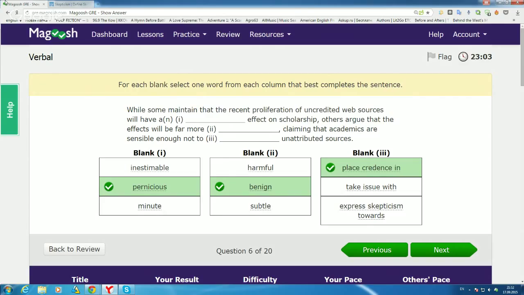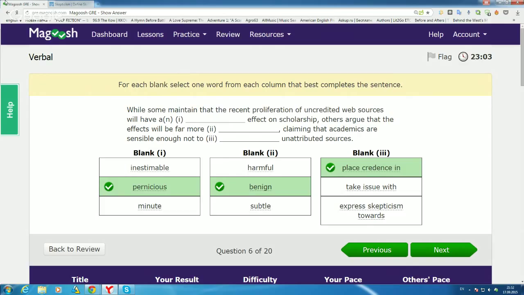Benign. What does benign mean? Benign means harmless. Yes, but give me another word. Or can you explain it to me? It won't hurt anyone. That's good. It exists, but it won't hurt you.